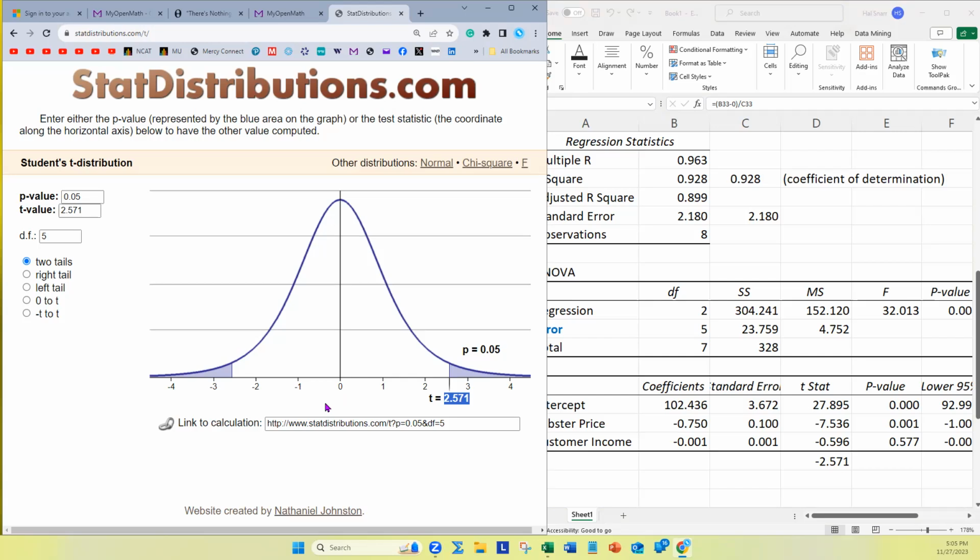So the region under the white area is the do-not-reject-the-null region. The area under the purple significance level, here and here, is the reject-the-null region. So for the lobster price coefficient, we're going to reject the null.